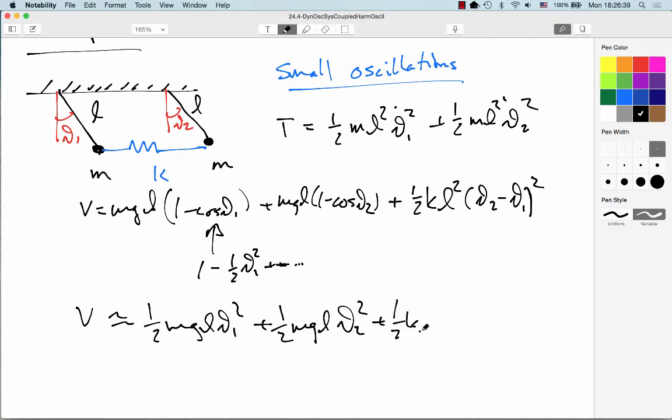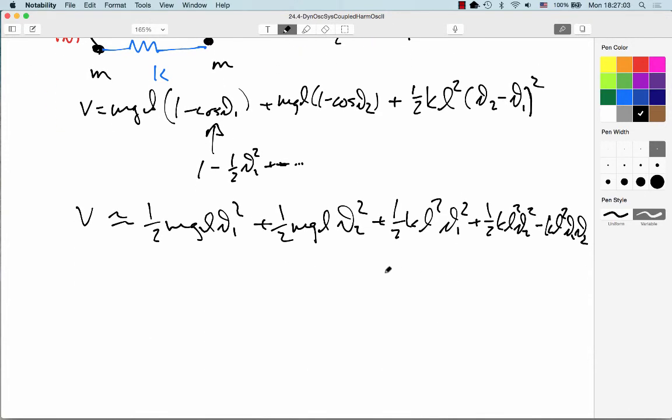plus 1/2 kl squared. Now here, let's go ahead and expand this out. Theta 1 squared plus 1/2 kl squared theta 2 squared plus our coupling term, right? Which will be minus kl squared theta 1 theta 2. All right, so getting this into some kind of matrix form, so we can think about it a little bit. 1/2 theta 1 theta 2.